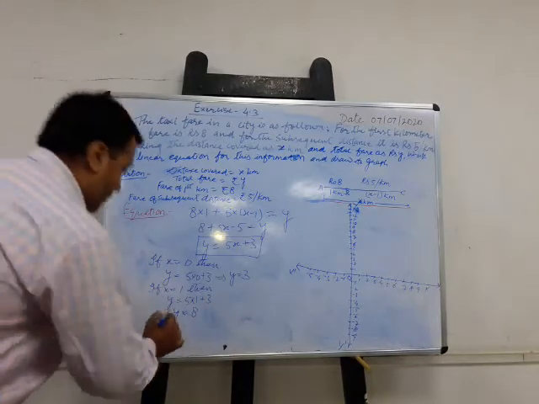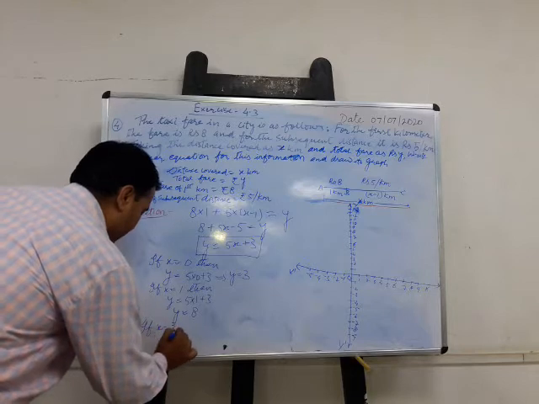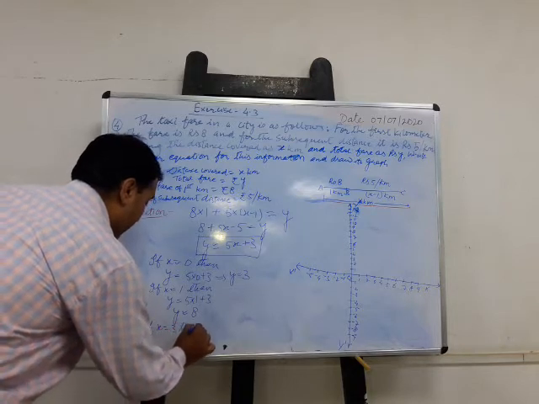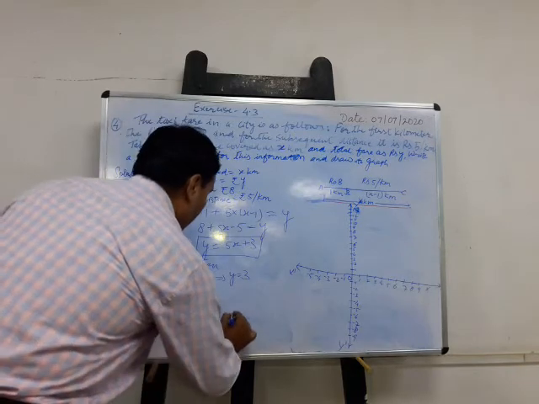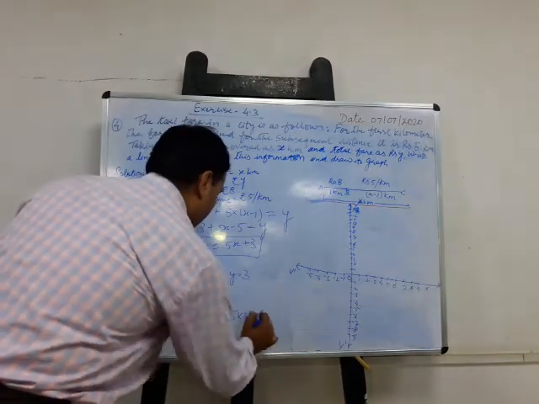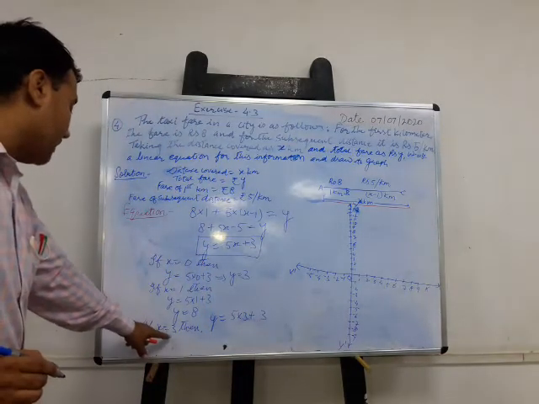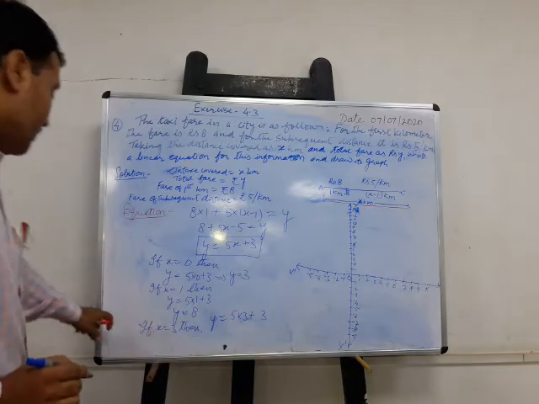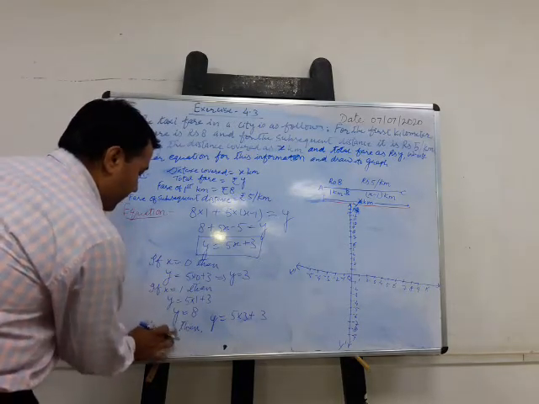Now if x equal to 3, then y equal to 5 into 3 plus 3. If x equal to 3, then y equal to... you have taken x equal to 0, x equal to 1, and x equal to 2 you take.